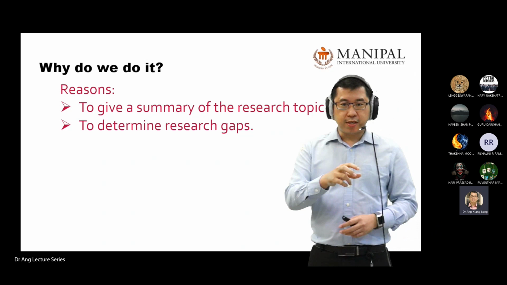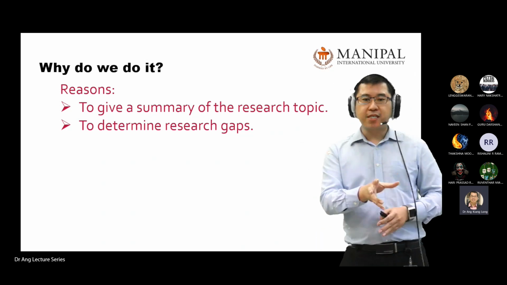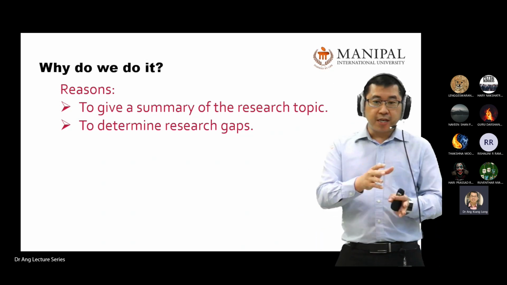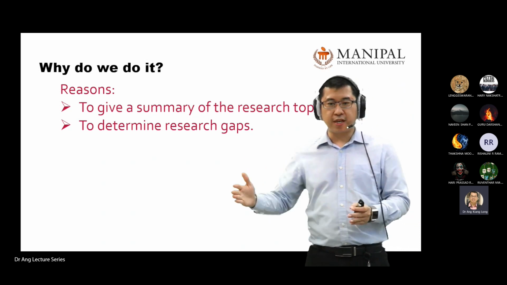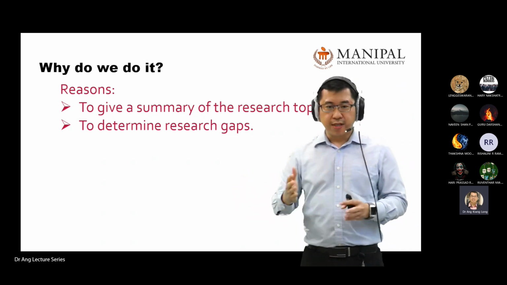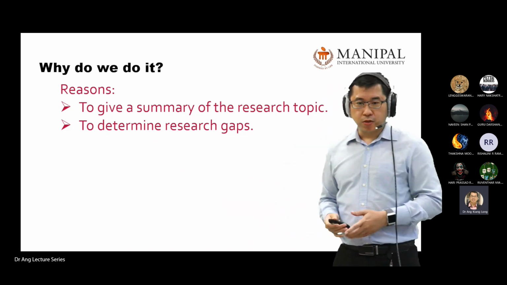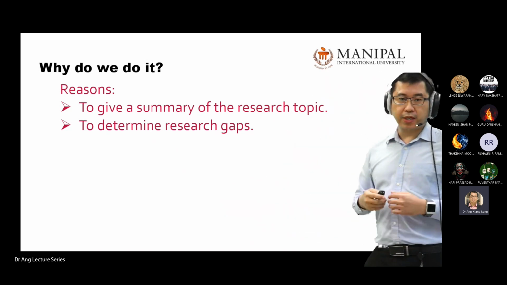So you will see the problem faced 10 years ago, 20 years ago, being solved after 10 years or 20 years. So you'll see the story, you'll see the development of that area, okay? So this is why we do literature review.